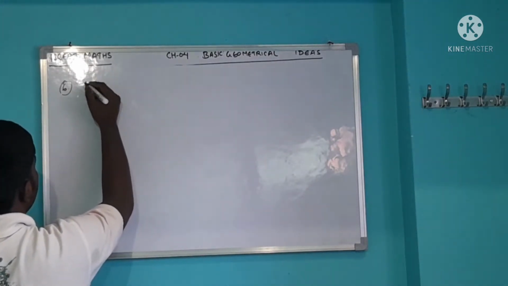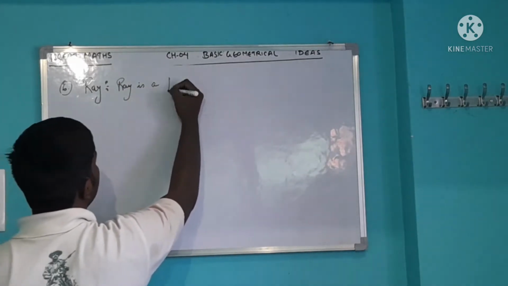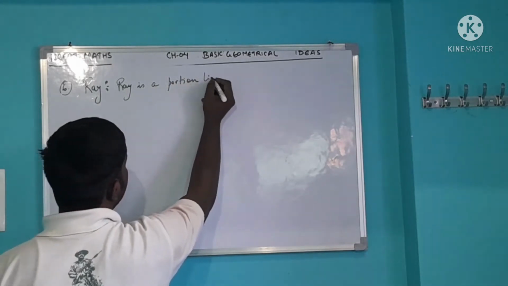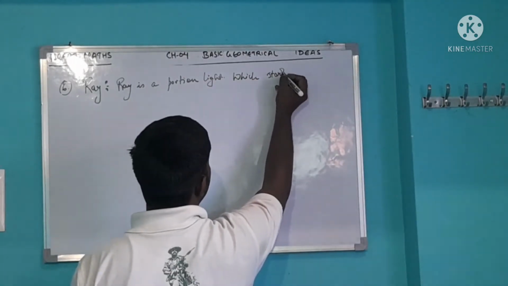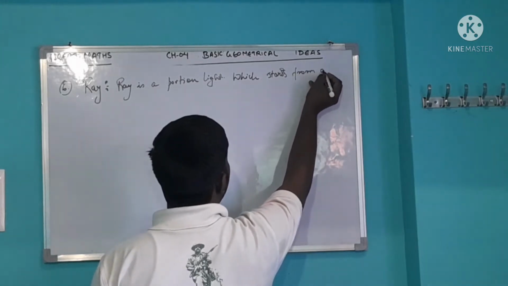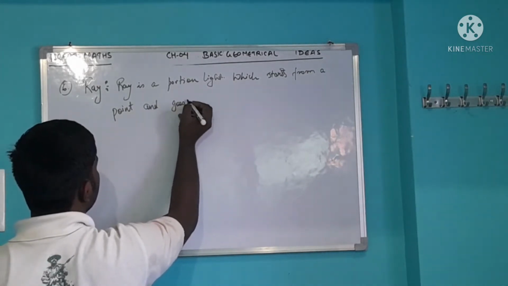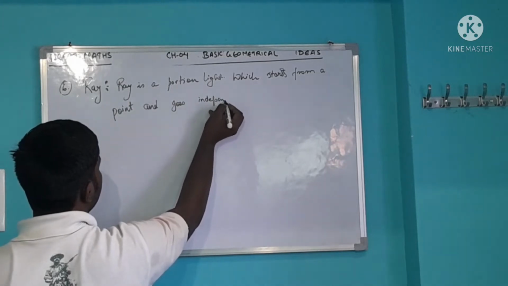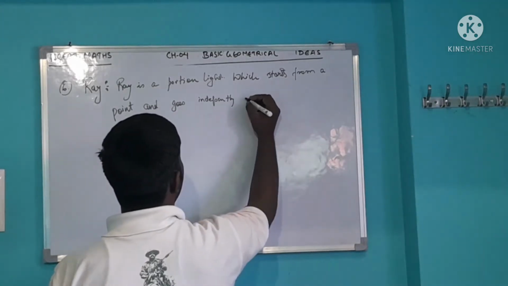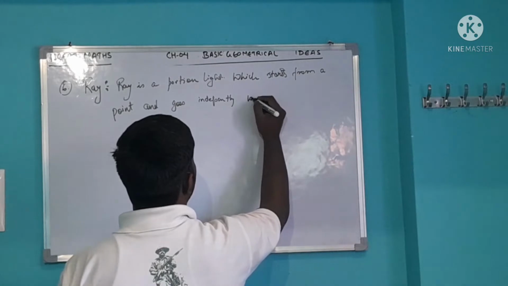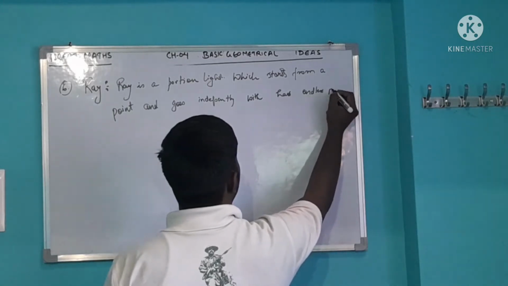So sixth topic is ray. Ray definition: a ray is a portion of light which starts from a point and goes independently, approximately, and which has endless point.